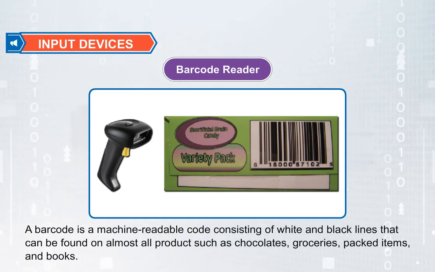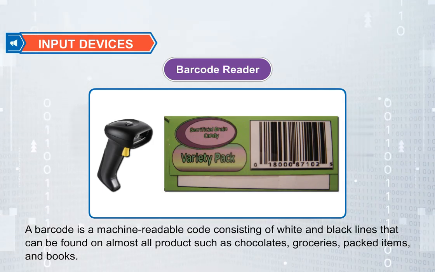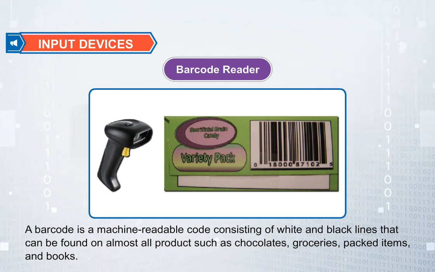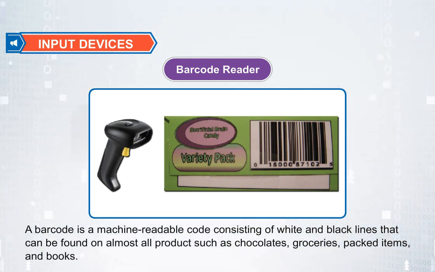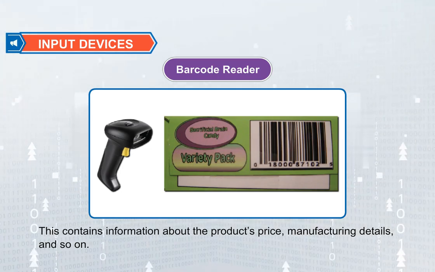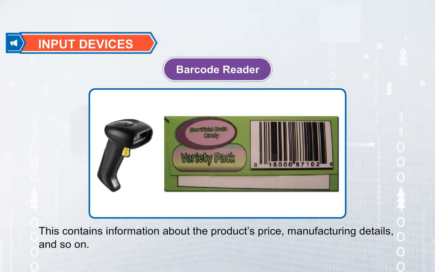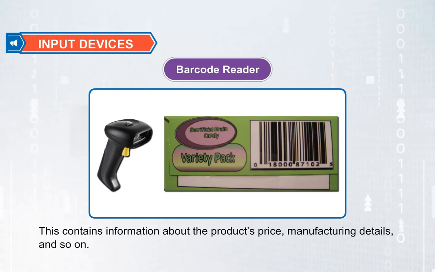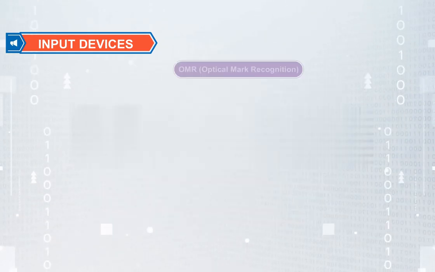A barcode is a machine-readable code consisting of white and black lines that can be found on almost all products such as chocolates, groceries, packed items, and books. This contains information about the product's price, manufacturing details, and so on.